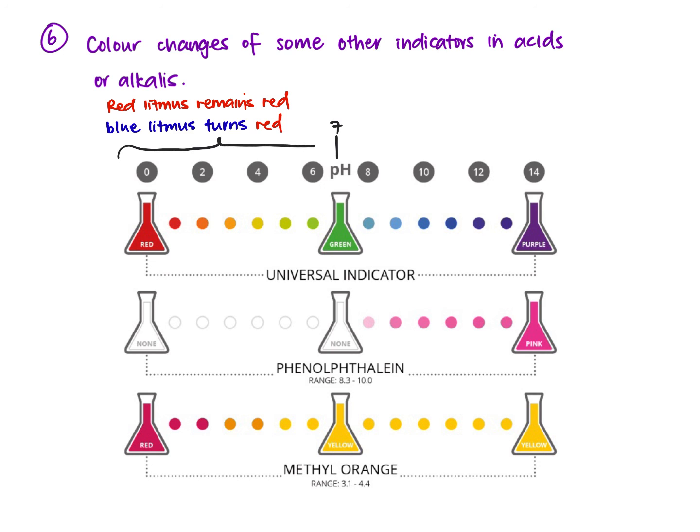At neutral, there is no effect on both litmus papers. At pH more than 7, red litmus paper will turn blue, and blue litmus paper will remain blue.